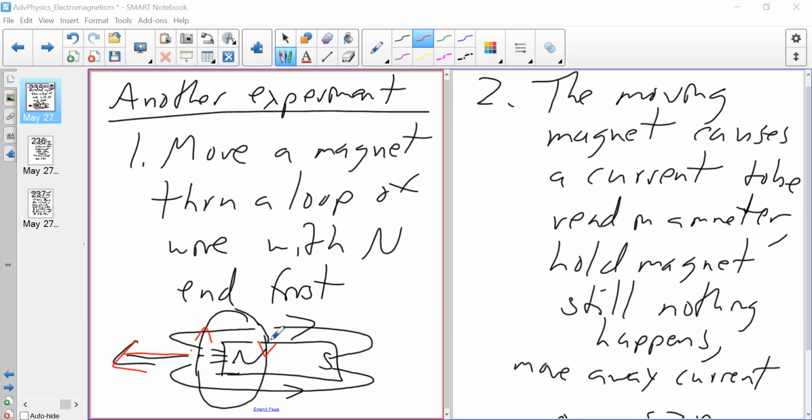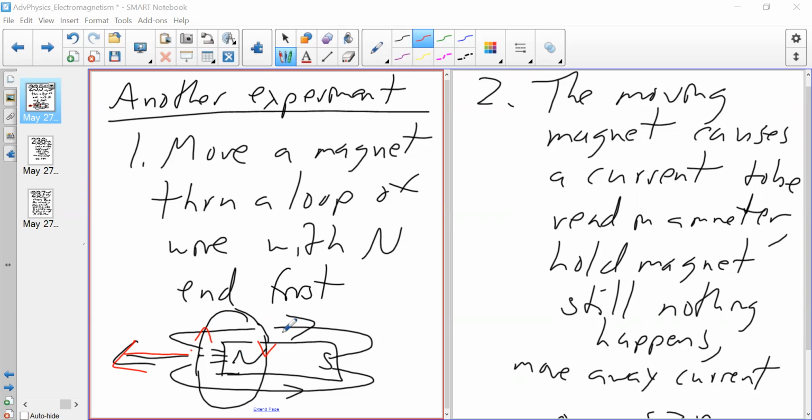The current that's created in this wire must be in a direction so that the field created by this wire, by this current, opposes the original field. So in order for that to happen, the current in this case must go up from the back and it must wrap around this way. And if we turn things around, that would be in a direction that's counterclockwise.